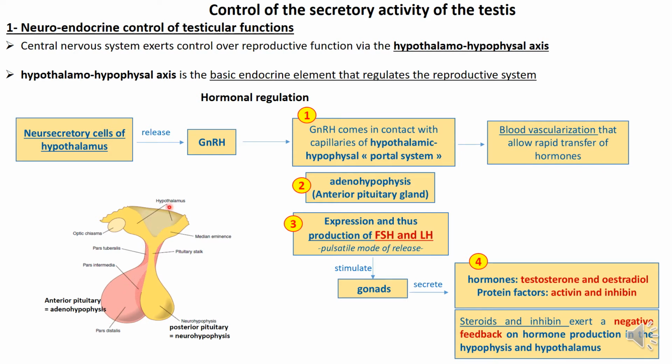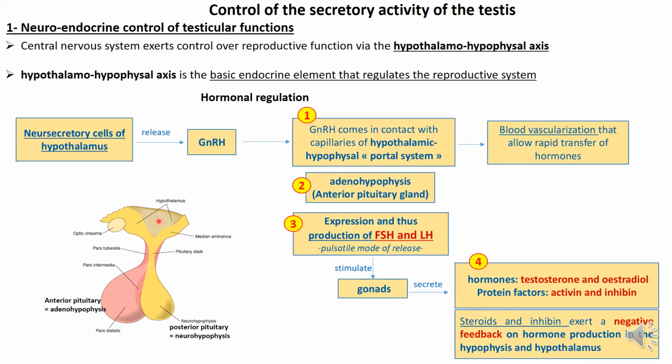If you remember, we said in earlier chapters that the portal system is a system of blood vessels between the hypothalamus and the adenohypophysis.